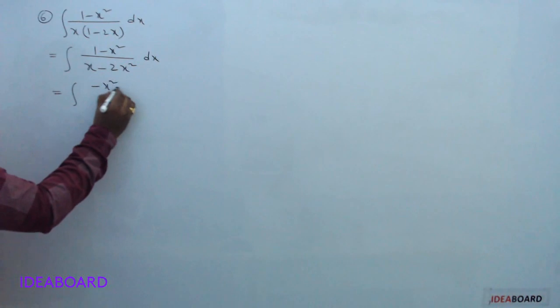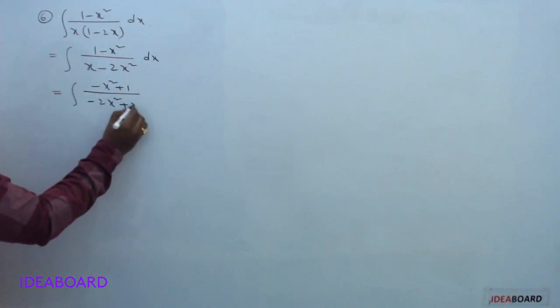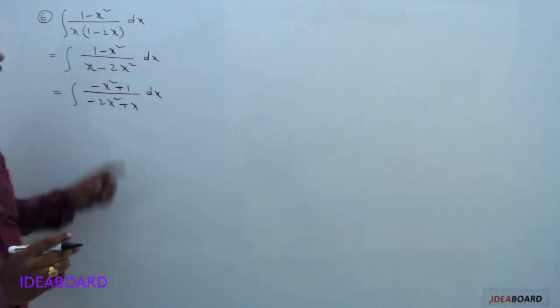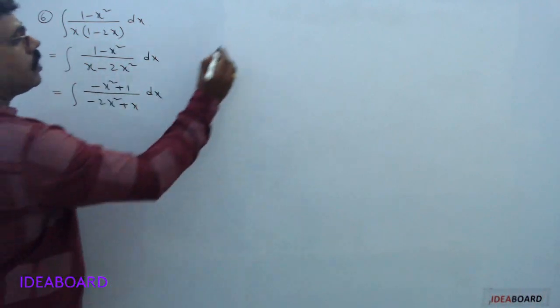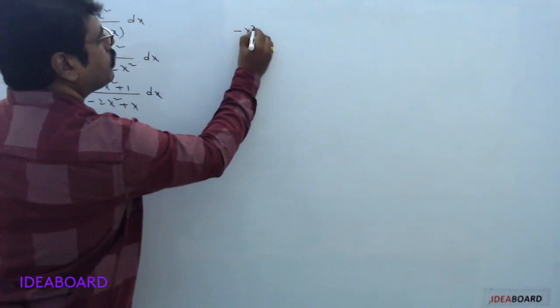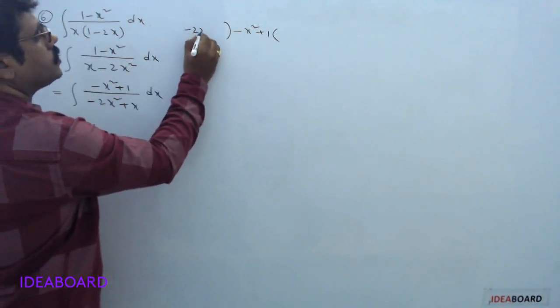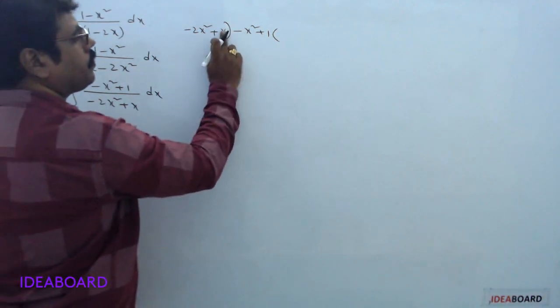Integral minus x square plus 1 divided by minus 2x square plus x dx. Now divide this numerator with the denominator, that is minus 2x square plus x.